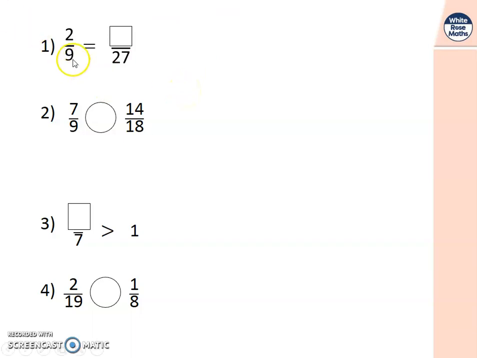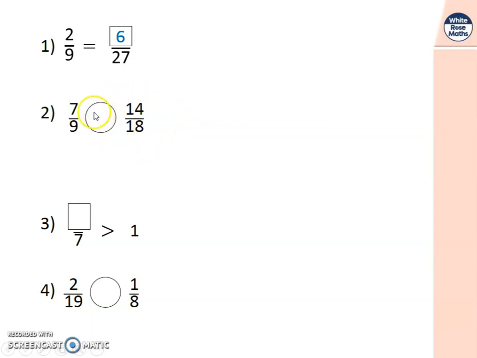You should have thought, to make these into the same common denominator, I would have to multiply 9 by 3 to make it into 27. So multiply 2 by 3 to make 6. Well done. Here we're going to compare 7/9 and 14/18.